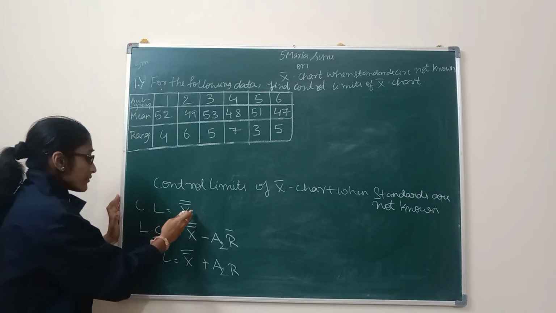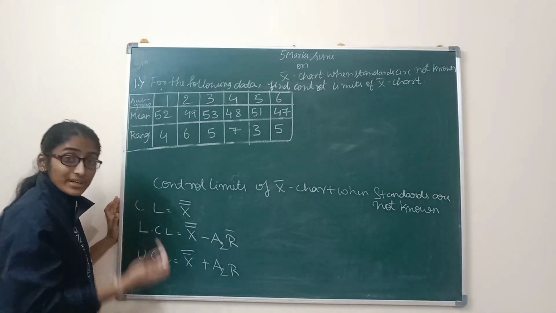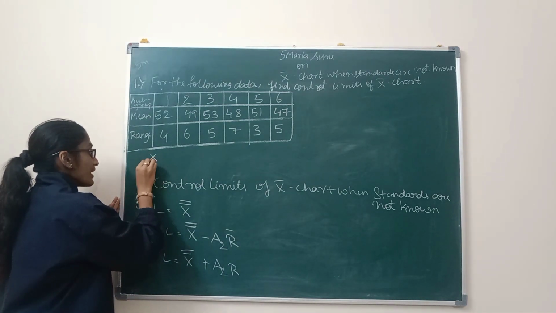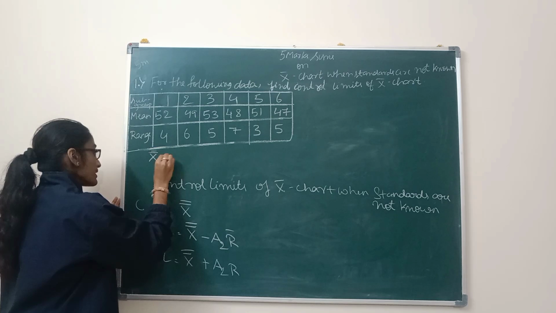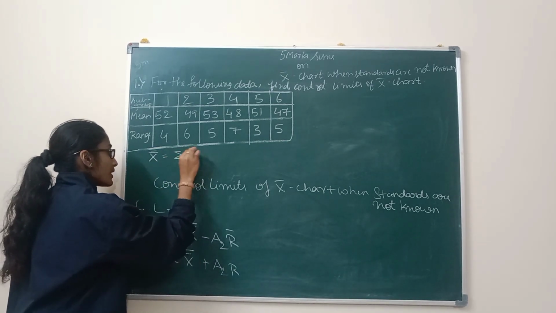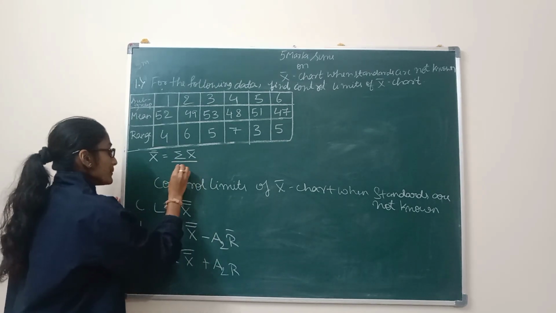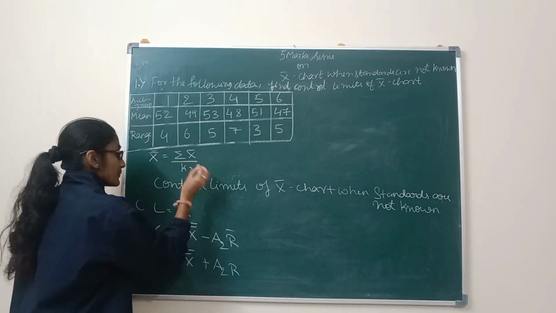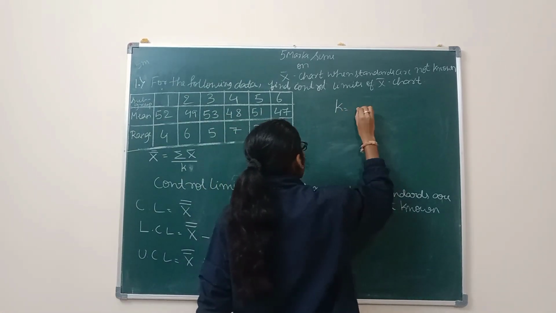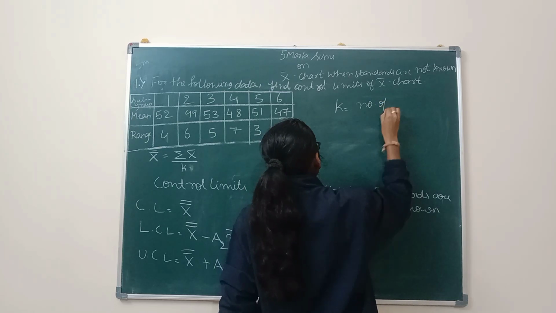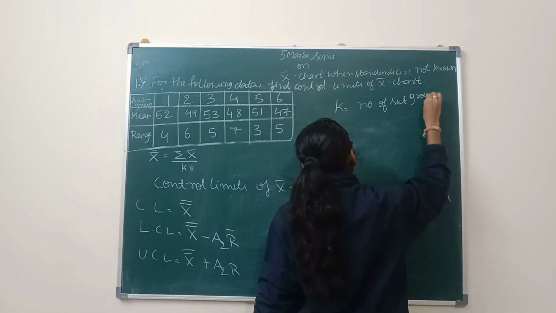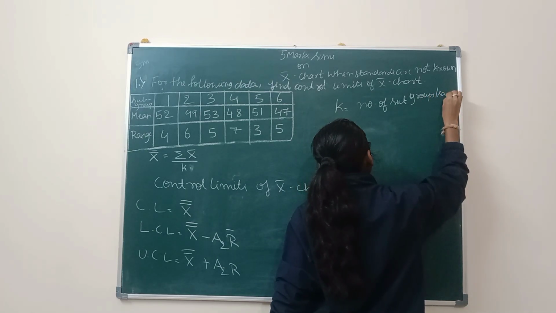So we don't know the mean value. How to find out the mean value? So we can find out the mean value. X double bar is equal to summation of X bar divided by K. Here K means number of subgroups or samples.